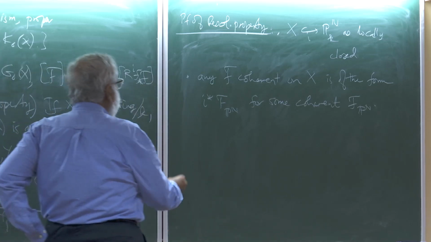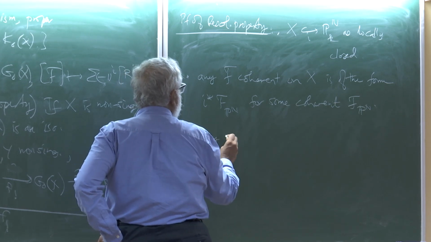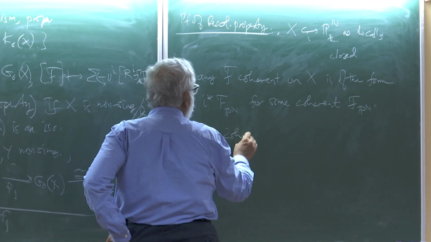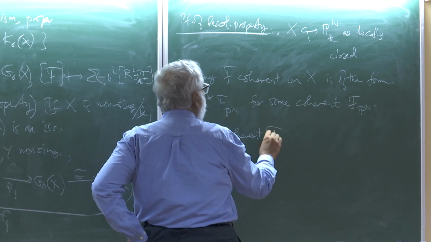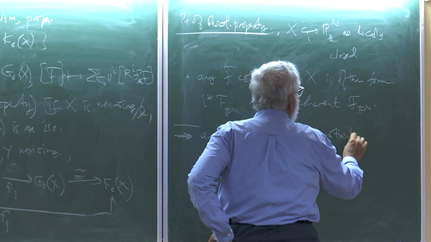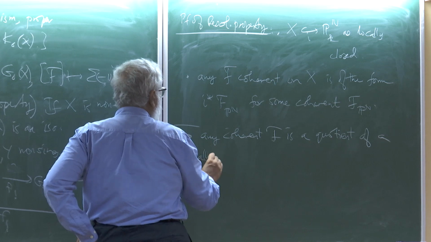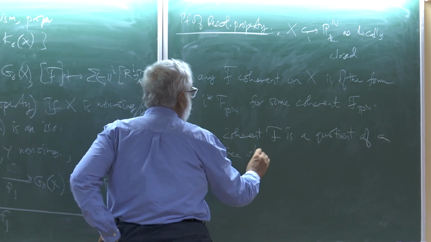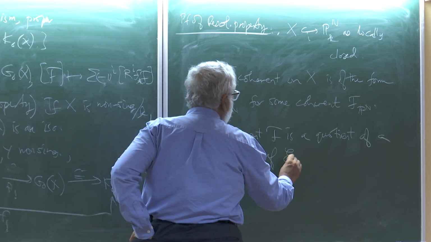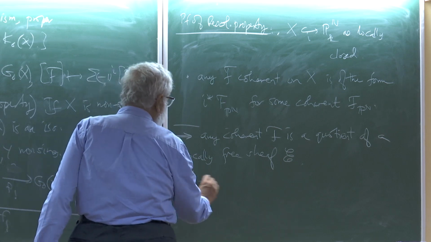Right? So both these together imply that any coherent F is a quotient of a locally free sheaf E. So for any F, it's possible to find a locally free sheaf E and a surjection E to F.